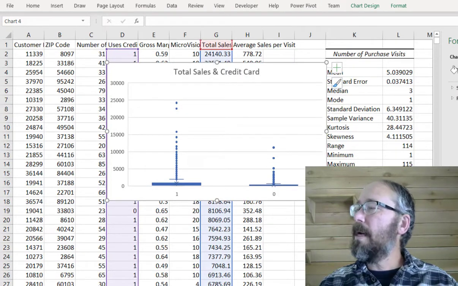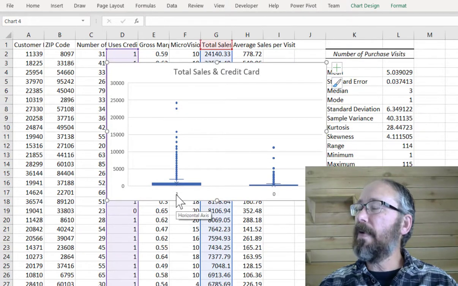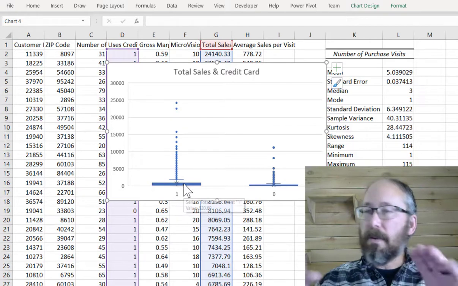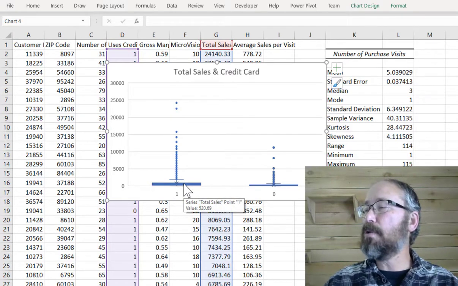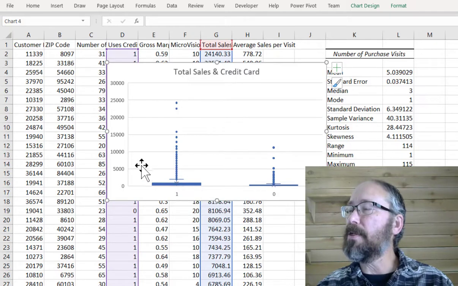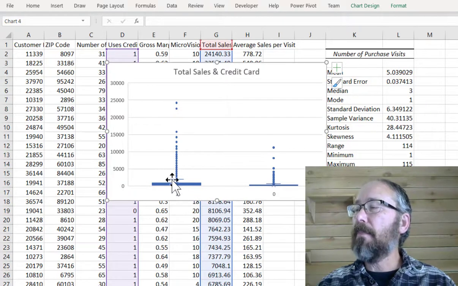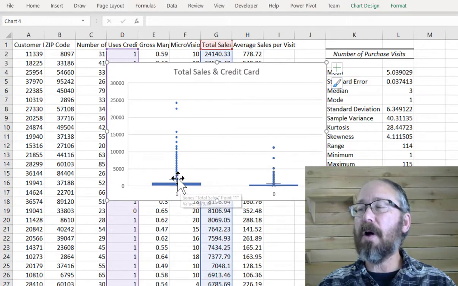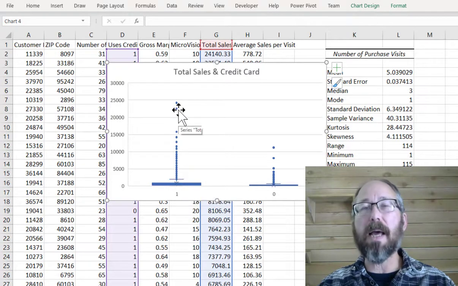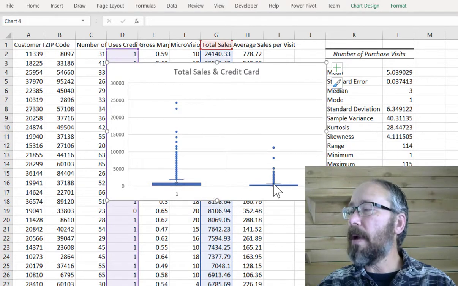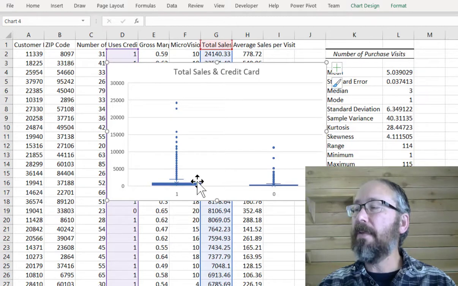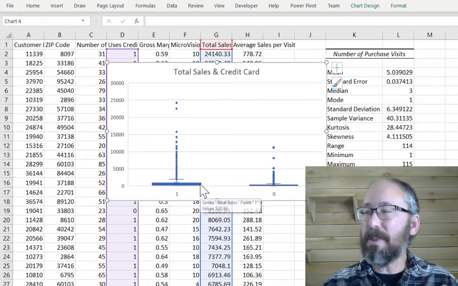The box plot itself is, wow, really squished down because most of the sales are down in this lower range. That bar that's right here indicates all of the ones above it are outliers. And we have the bar right here, and these are all outliers. And then our box represents the first quartile and the third quartile, but it's really squished down.